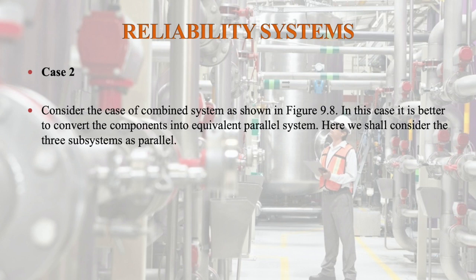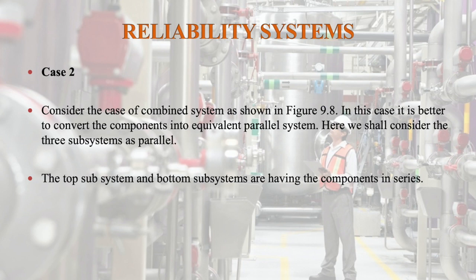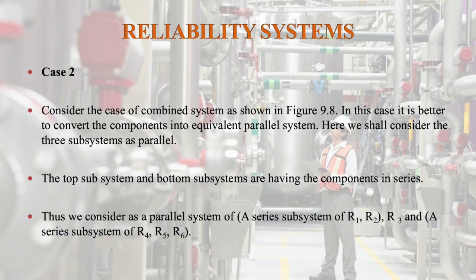Here we shall consider the three subsystems as parallel. The top subsystem and bottom subsystems have the components in series. Thus, we consider a parallel system of a series subsystem of R1 and R2, then R3, and a series subsystem of R4, R5 and R6.